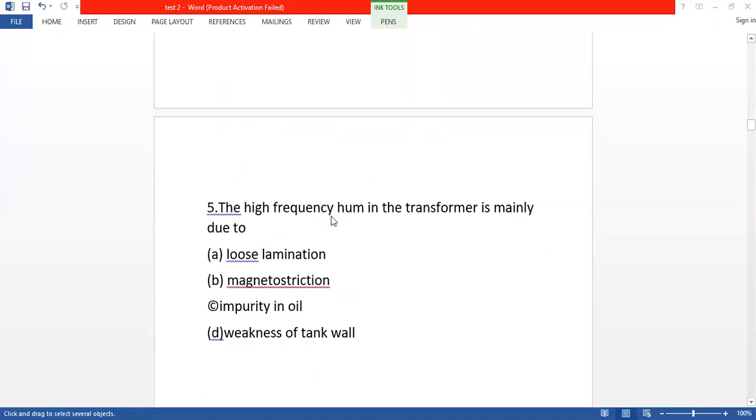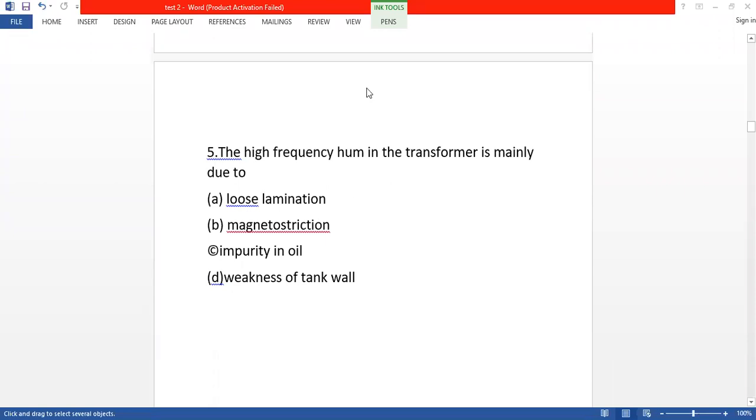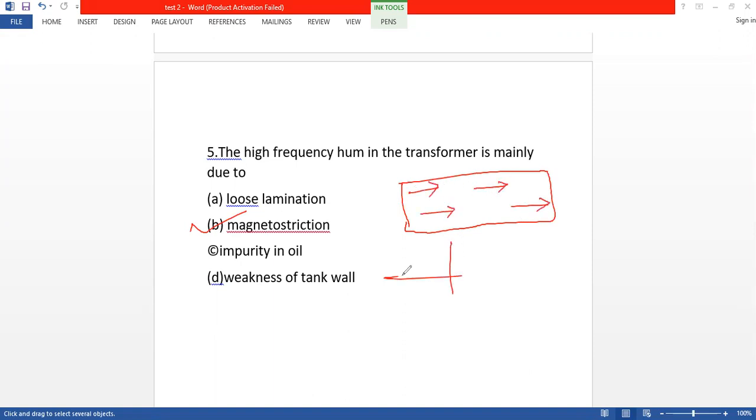The question asks: the high frequency hum in a transformer is mainly due to what? It is due to magnetostriction. What is magnetostriction? This is a transformer core, and there are domains present in the core. During the positive cycle, all will orient in one direction, and in the negative cycle, they will orient in another direction.